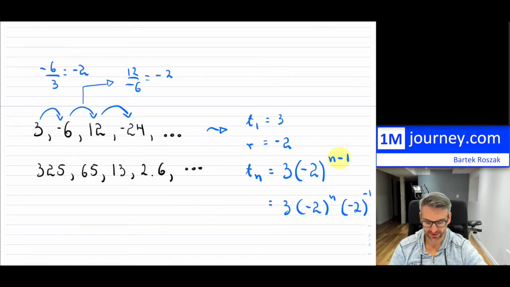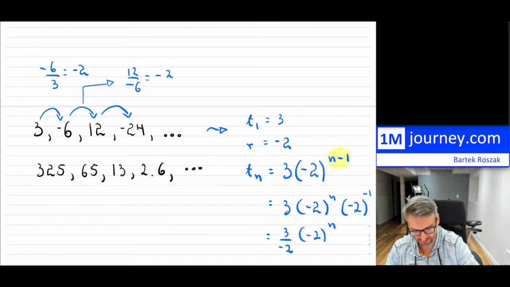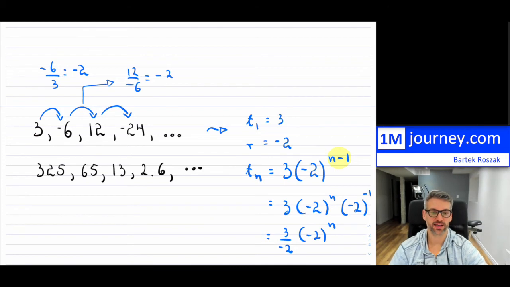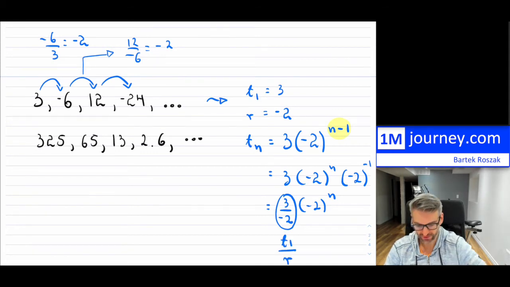So this is identical, and therefore it might be equal to 3 divided by -2, and then -2 to the n, if you just want to have it directly as that, which means that this really is just term 1 divided by your r, okay?